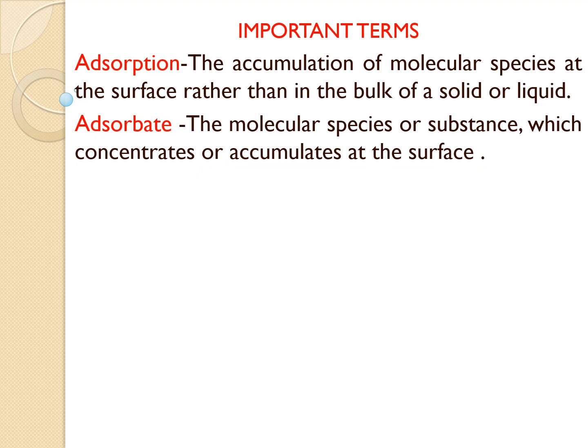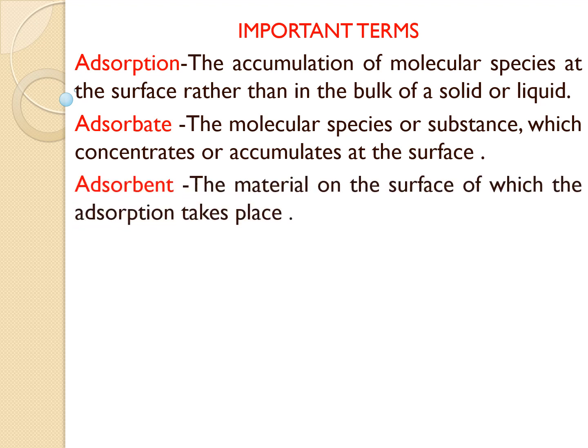Adsorbate, the molecular species or substance which concentrates or accumulates at the surface is known as adsorbate. Adsorbent, the material on the surface of which the adsorption takes place is known as adsorbent.